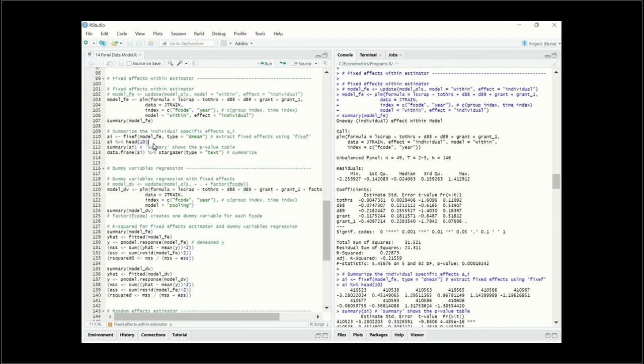Then let's see the head, the first 10 observations of these fixed effects. This is how these fixed effects look.